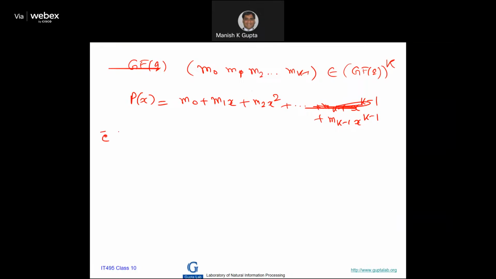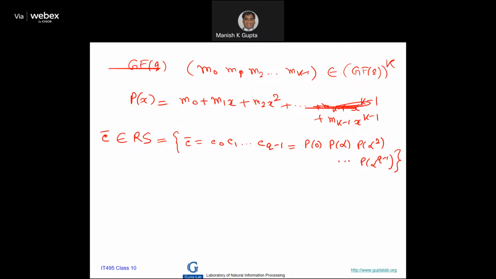So a Reed-Solomon code word. I will say that the Reed-Solomon code RS consists of all code words of the form C = (C0, C1, ..., C_{Q-1}), where Ci can be called P of 0, P of alpha, P of alpha square, ..., P of alpha raised to power Q minus 1.